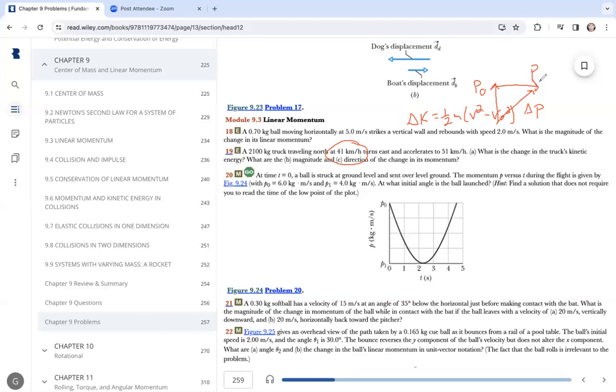So we want to do P minus P naught. So that would be like that.